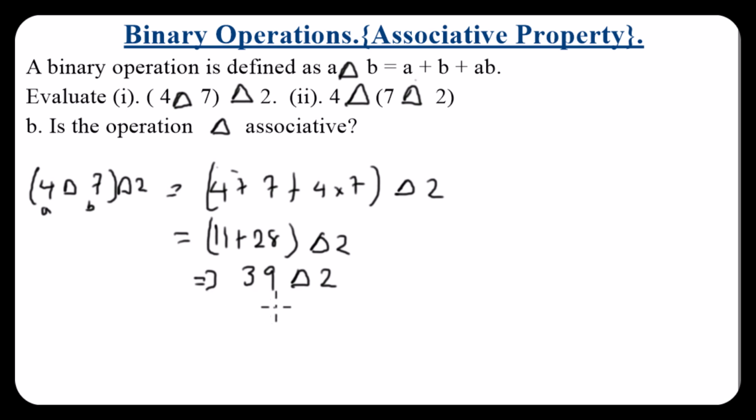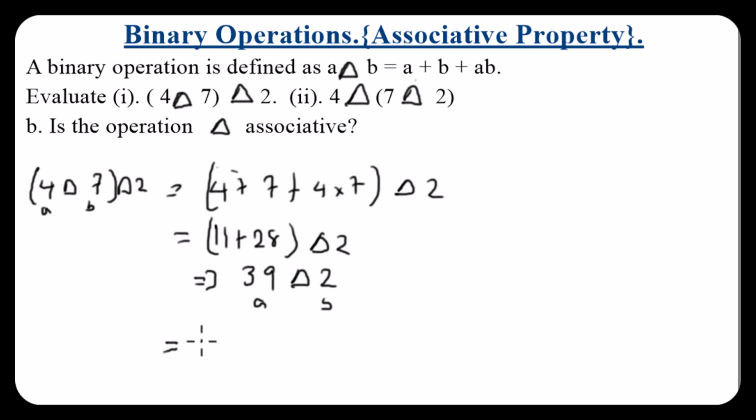Now this 39 becomes my A, while 2 becomes my B. Again, apply the same rule, because anywhere we see delta in our question, we simplify using this rule.